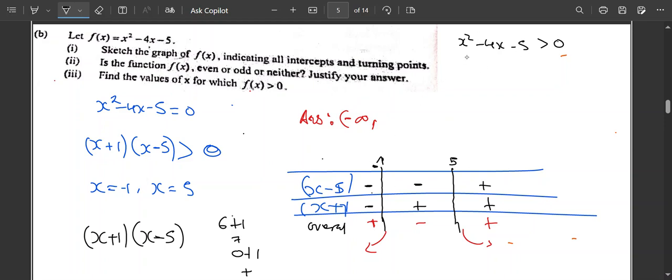So negative 1 squared is 1, then plus 4, then minus 5. Will it be equal to 0? Then this minus that gives negative 4, which is less than 0. So that will be 0 greater than 0. Is this true? Can we have 0 greater than 0? No, it is supposed to be 0 equal to 0. So this is false, so we are not including this one. So I'll just write.